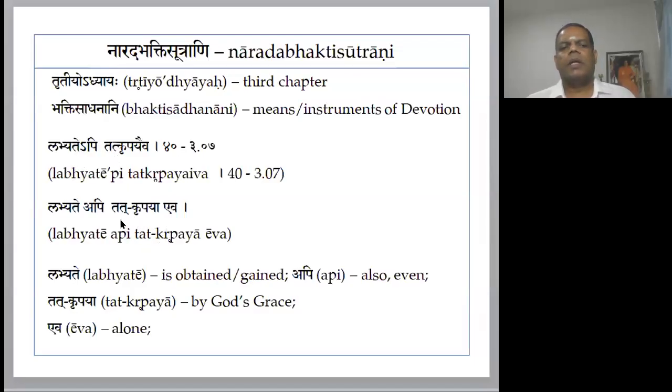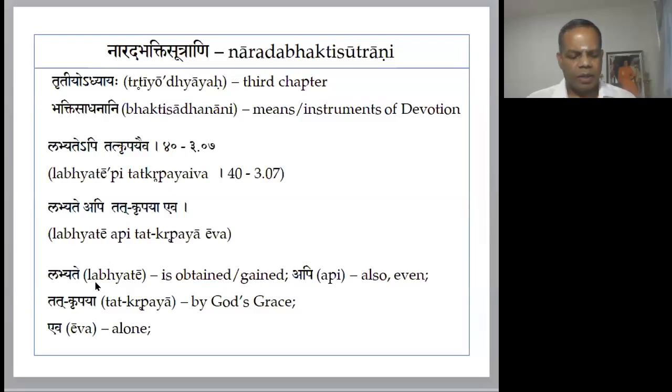Kripaya and eva undergo some change. The a at the end of kripaya and eva becomes ai, so it becomes yai. That's how you get kripayaiva. Kripaya eva becomes kripayaiva. That's another sandhi change, similar to ones we have looked at in the past.